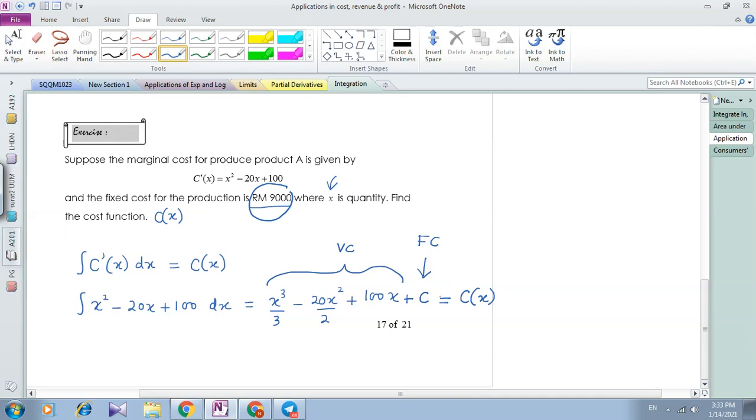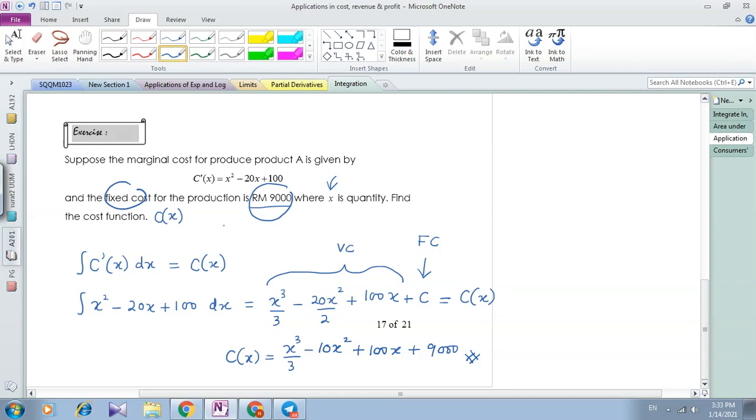So we can write C(x) equals x cubed over 3 minus 20x squared over 2, which simplifies to 10x squared, plus 100x plus 9,000, because the constant denotes the fixed cost. So this is the answer for this question.